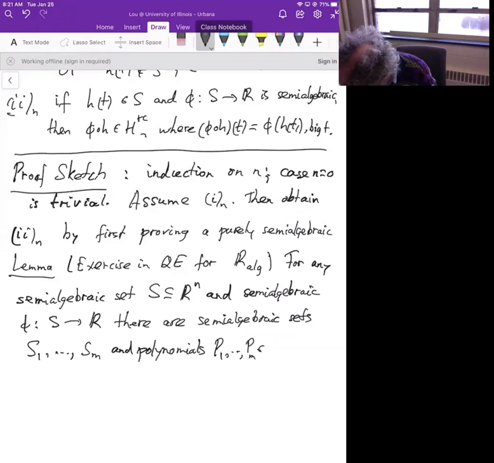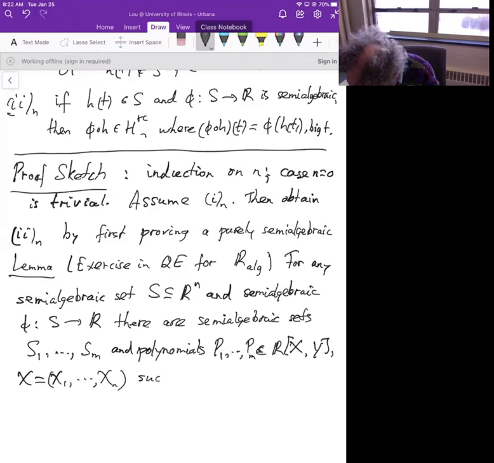They are polynomials in n+1 variables over R, capital X, Y. Capital X is n variables, and Y is always one variable, such that S is simply the union, right?